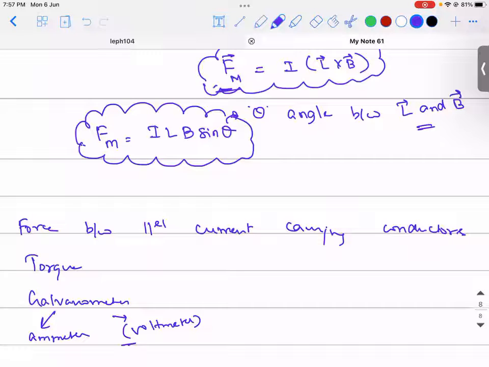So these are all the topics that are left out, which I should hopefully be completing by this week itself. Maximum I think we'll be able to complete it tomorrow, and on Wednesday we'll do problems based on these topics.